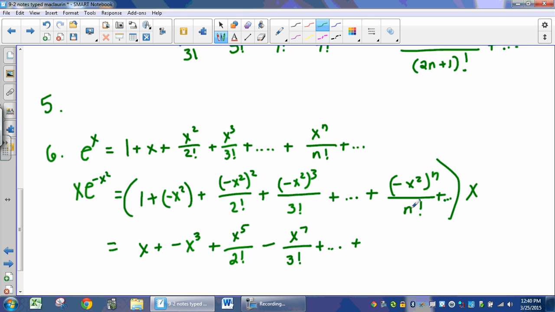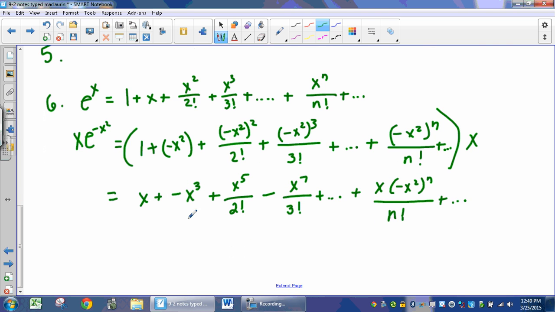And so my general term here is going to be x times negative x squared to the n over n factorial. And if you're really feeling smart, you can say, well, aren't these all odds? They are all odds. So you could also write your general term as x to the 2n plus 1. But the odd on top doesn't match the thing on the bottom.